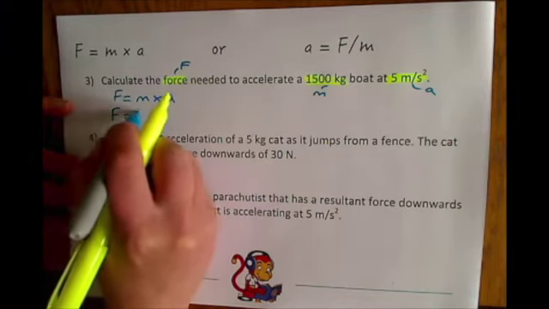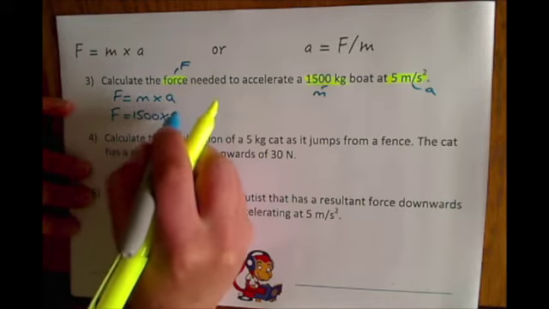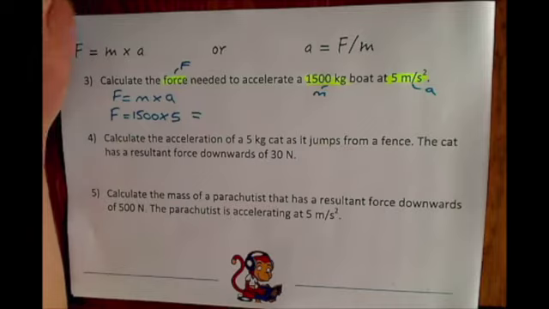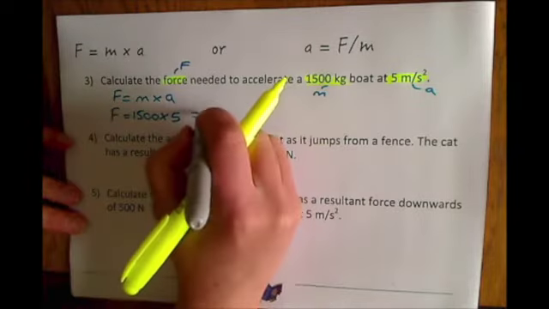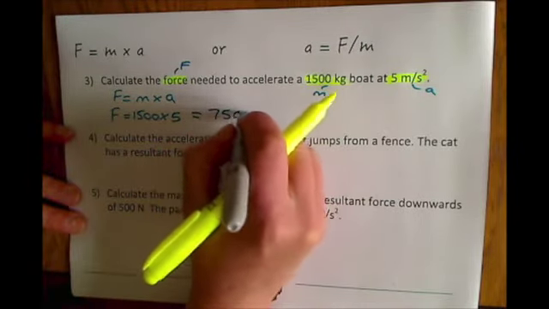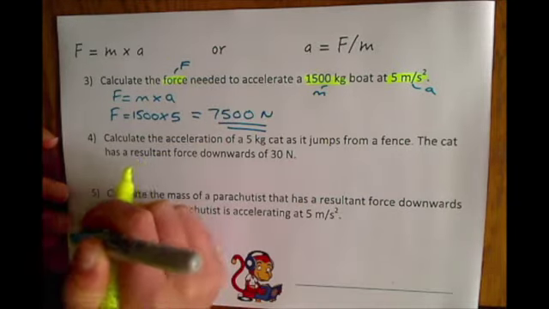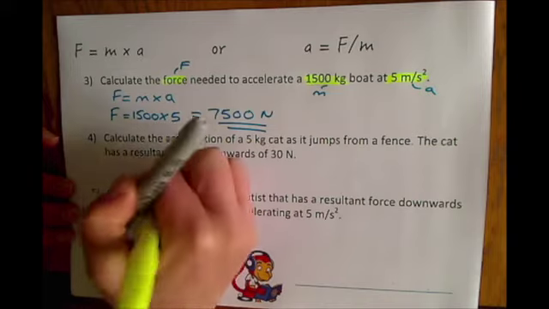F equals 1500 times 5, so on a calculator 1500 times 5 would give us a force of 7,500 newtons.